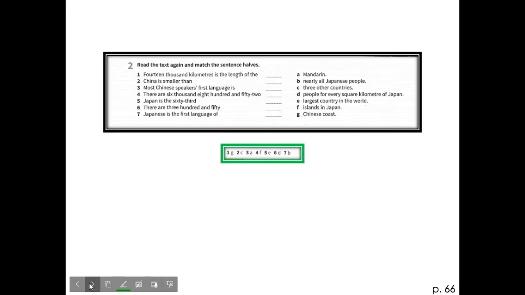And then number 6, there are 350. So number 6 is matched with D, people for every square kilometer in Japan. This is averaged out. Number 7, Japanese is the first language of B, nearly all Japanese people.